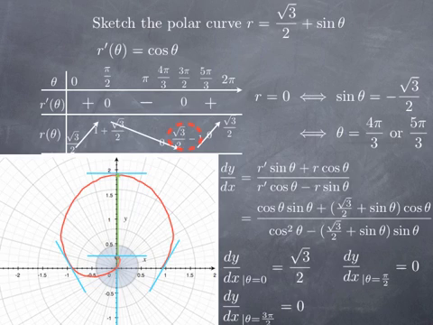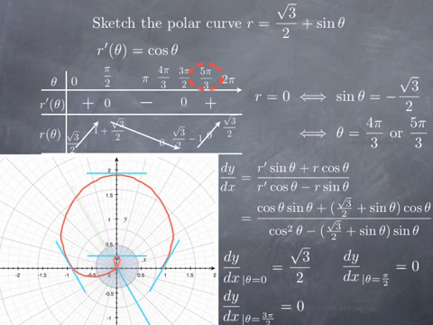And now if I continue to turn from 3 pi over 2 to 5 pi over 3, r is going to increase from this negative value root 3 over 2 minus 1 to 0. So we go back to the pole this way, and then the line theta equals 5 pi over 3 is our tangent line when we come back to the pole.